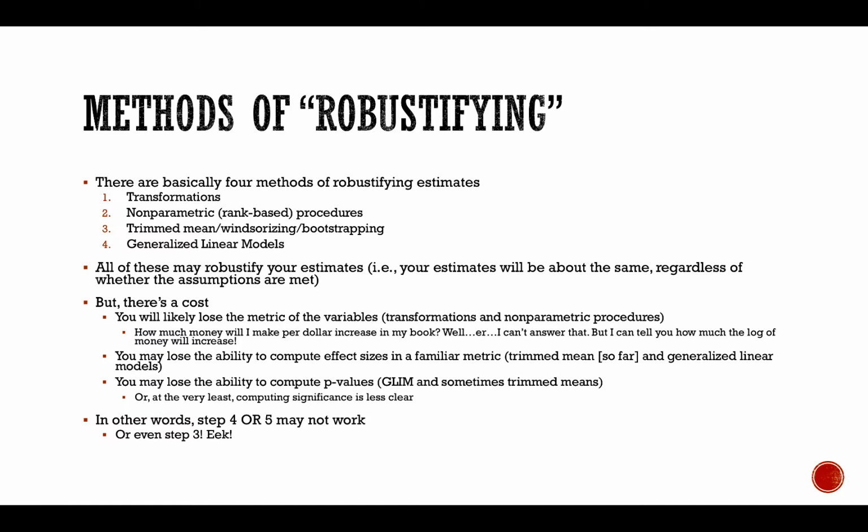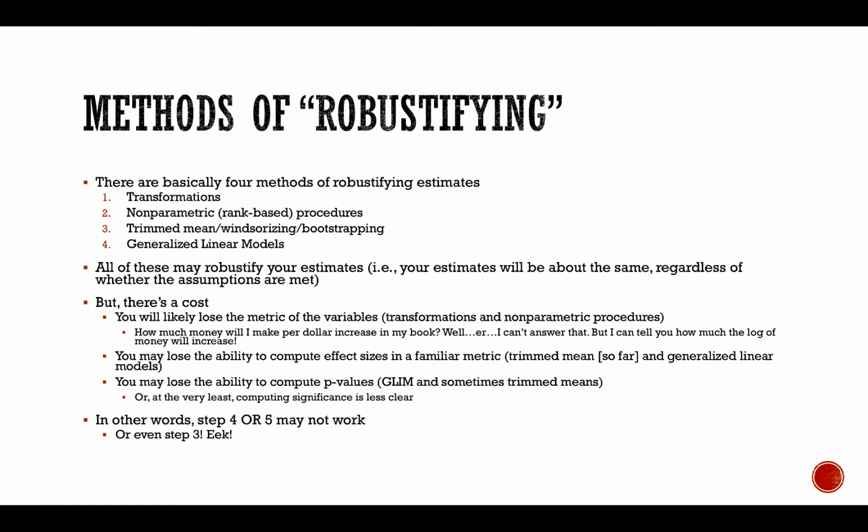Also, another cost is you may lose the ability to compute effect sizes in a familiar metric. So trim means so far, for example, don't allow you to compute effect sizes in familiar metrics. Generalized linear models. Also, nonparametric procedures. So you can't compute a Cohen's d using nonparametric procedures, for example. And finally, you may lose the ability to compute p-values even.